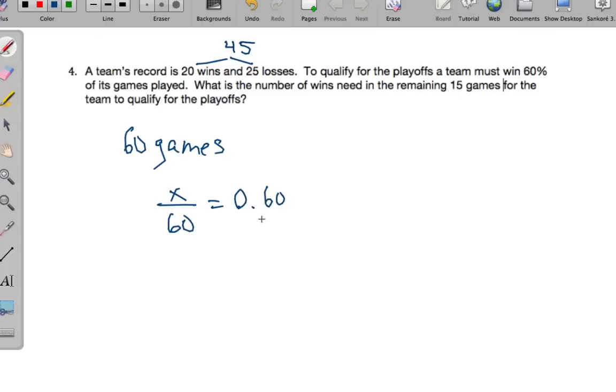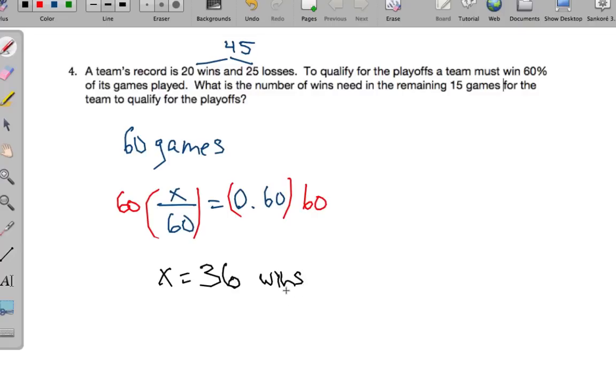Now, to solve that, we multiply both sides of the equation by 60, and we should end up with x equal to 36. So this is 36 wins that they need to have out of 60.